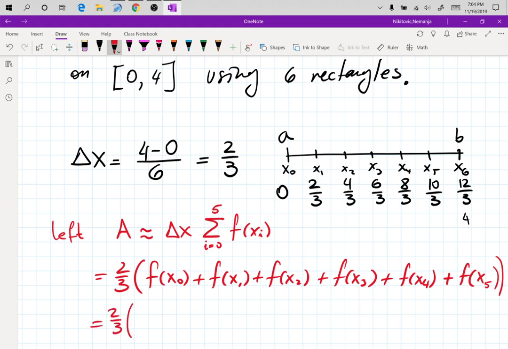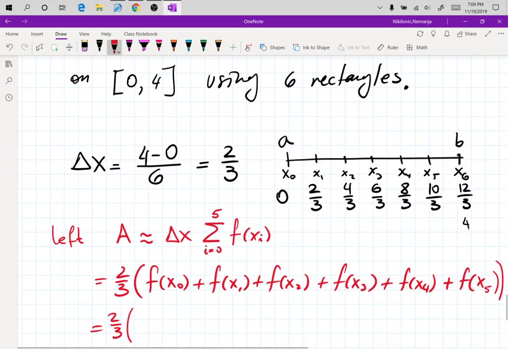And now I have f of x0. Well, my function is 1 over 1 plus x. So that's 1 over 1 plus 0 plus 1 over 1 plus 2/3.